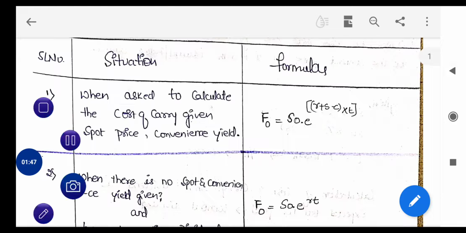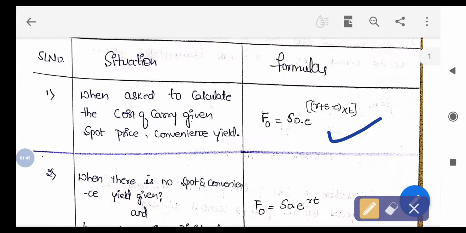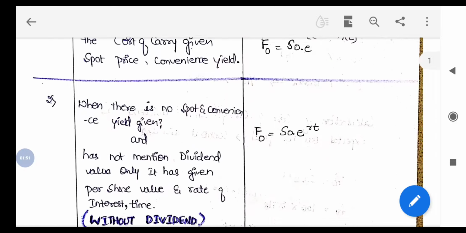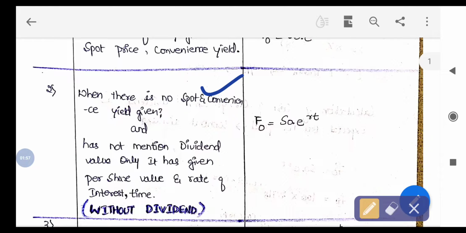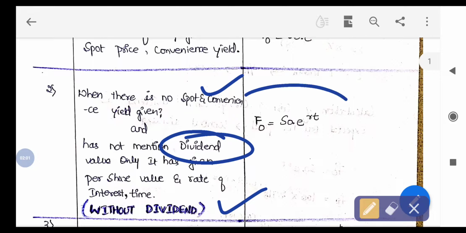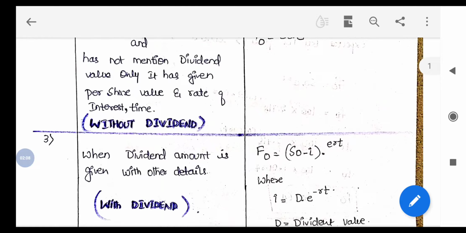The earlier formula will not be used, and this formula will be used when they have not given spot price, convenience yield, and have not mentioned dividend. So without dividend this formula is used. We will solve a problem on each situation.